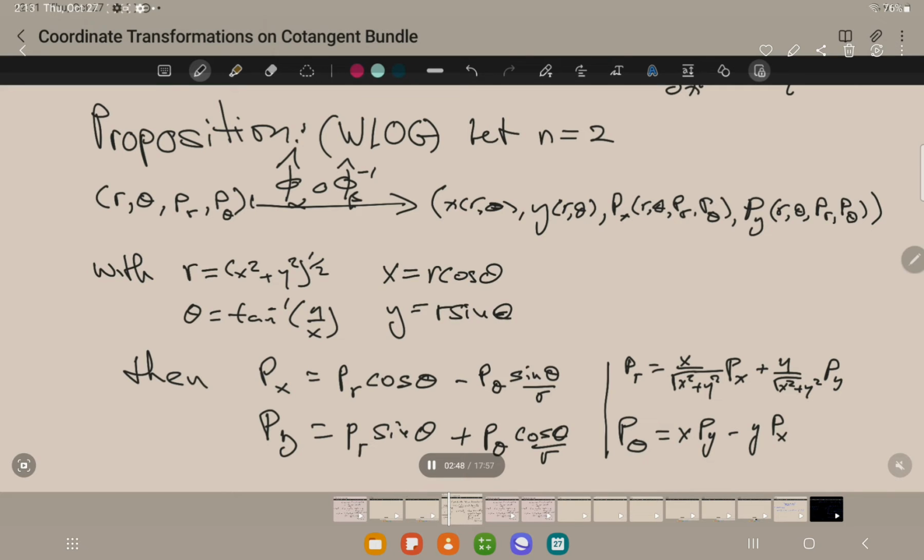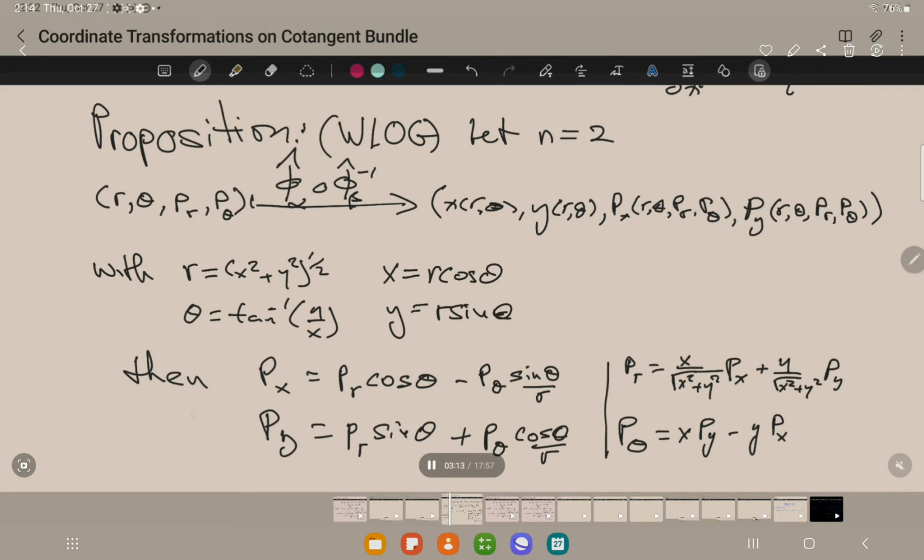Here is the proposition we want to prove. Without loss of generality, we're going to let n equal 2, so it'll be easier. Along with the induced charts, phi alpha hat and phi beta hat, we have the transition map between the two coordinates that you see there.